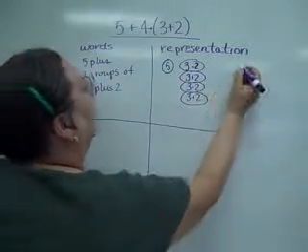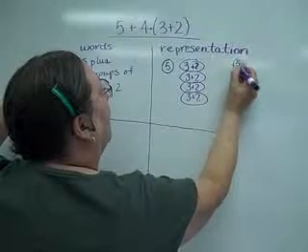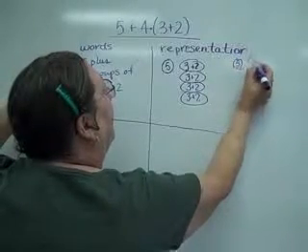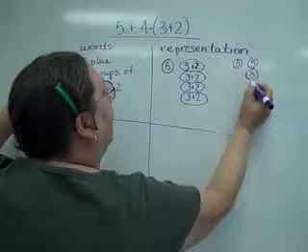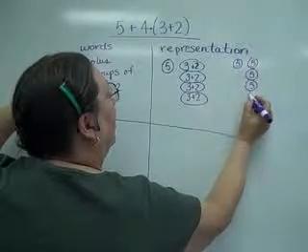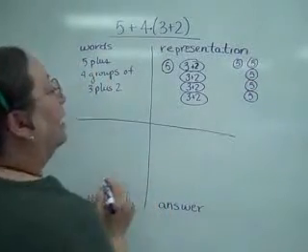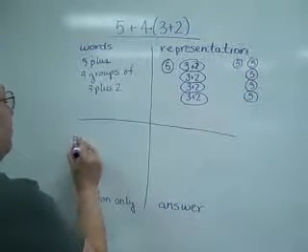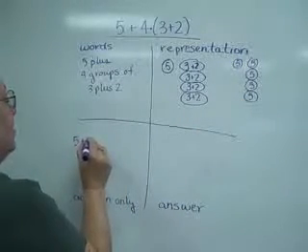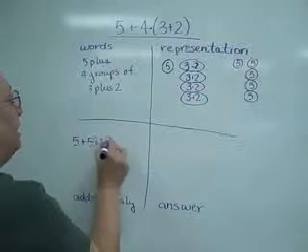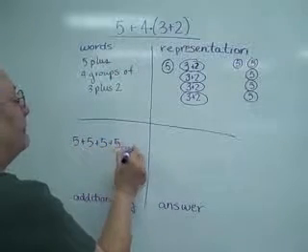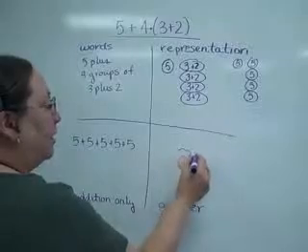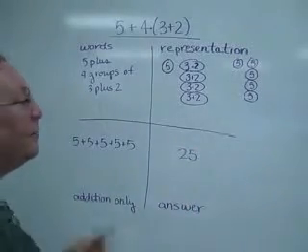Okay, but I could also have written a 5, and then a 5, a 5, a 5, and a 5. That tells me I would have had the 5 plus 5 plus 5 plus 5 plus 5, and that takes us right away to the 25.